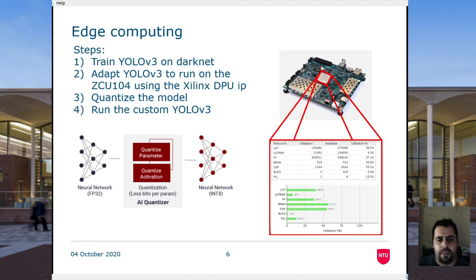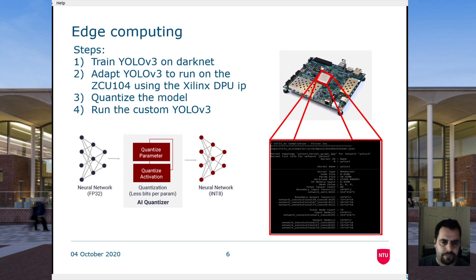And the third stage is to compile, and here we can see the report that was generated, where we can see the resources usage on the field-programmable gate array. Here we can see that we are using around 50% of the resources, meaning that there's still some space to perform some more optimization. And of course, then to run ULV3 on the FPGA.